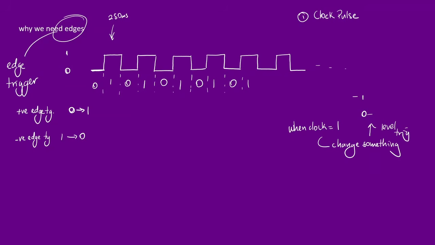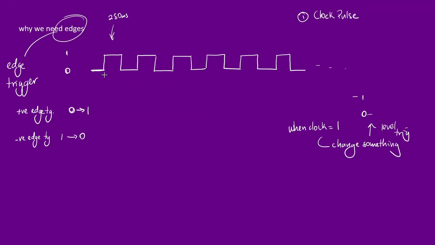So what does this mean? Now instead of changing for the entire duration that this is high or low, we get the really cool advantage of only changing at one particular instance.